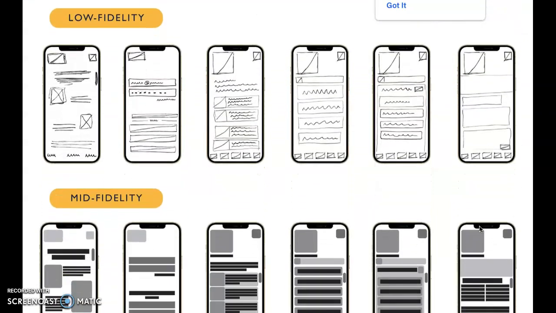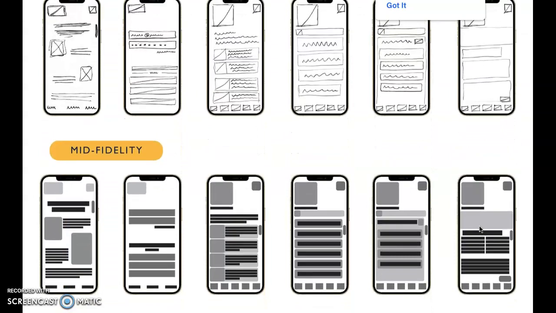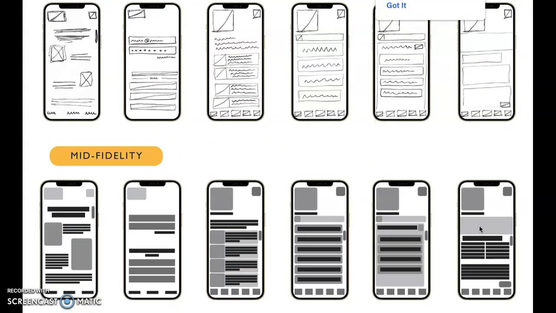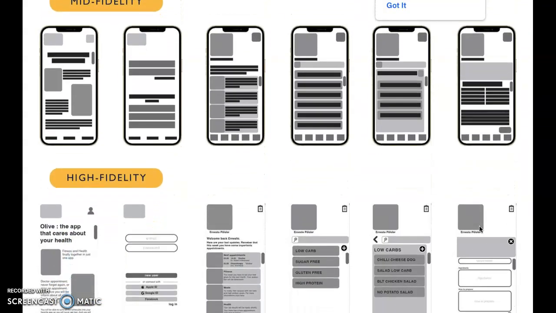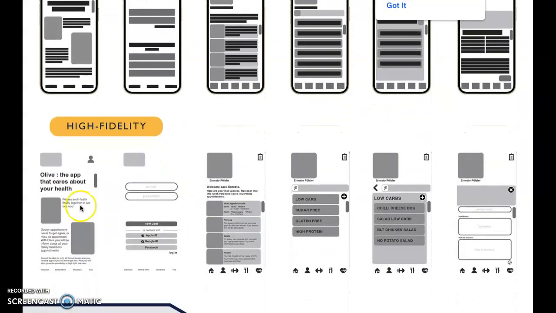Then I created a mid fidelity one, also with nothing written, but a little better to understand how it could work. And then I created a high fidelity one with some text and also icons, so the person could actually use this and better understand.